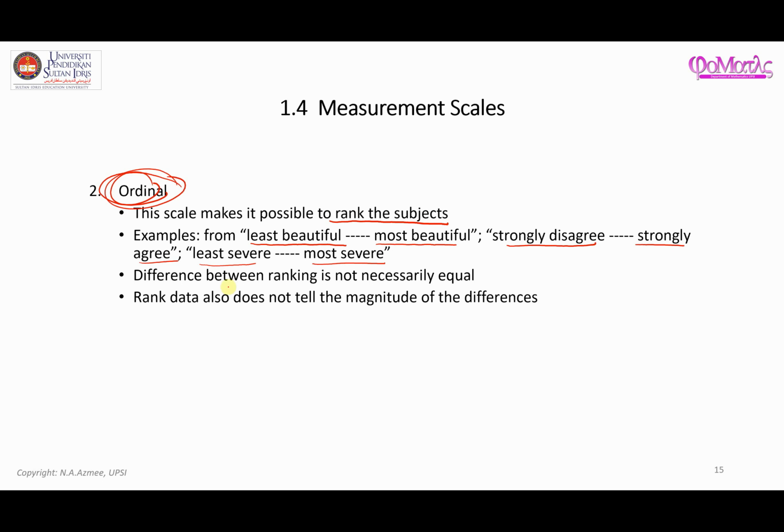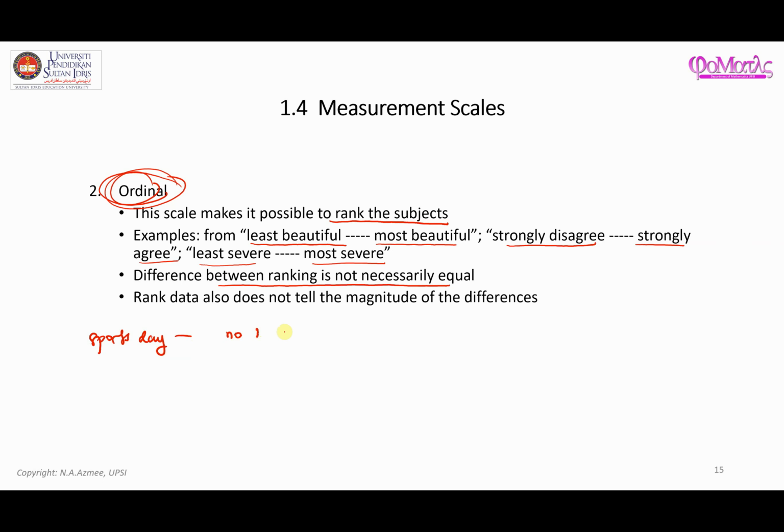So here, the difference between rankings is not necessarily equal. I'm going to give an example. Let's say you go to observe the sports day, and you see the first person completed the race, and that person will be ranked as number 1.